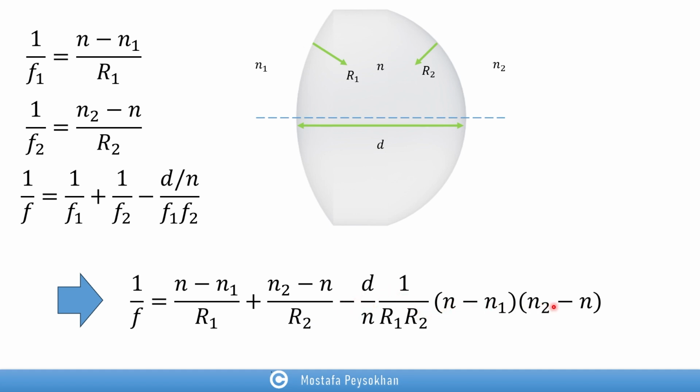We should be very careful about the sign conventions for all the parameters that you can see in this equation. And we're going to use this effective focal length a lot in the rest of the lecture. So please pay good attention to this way of calculating the effective focal length.